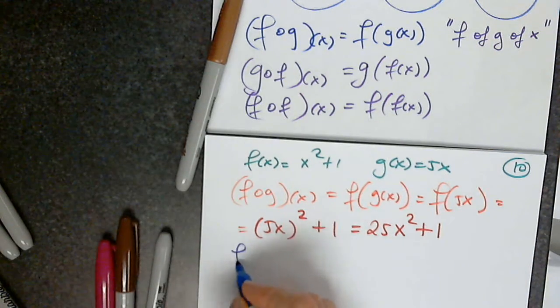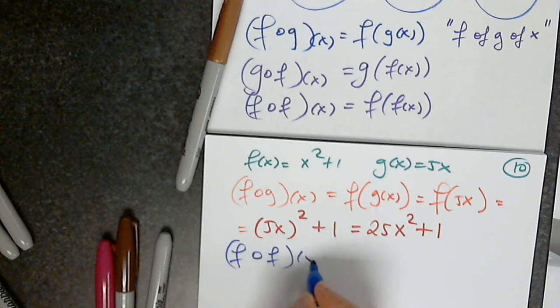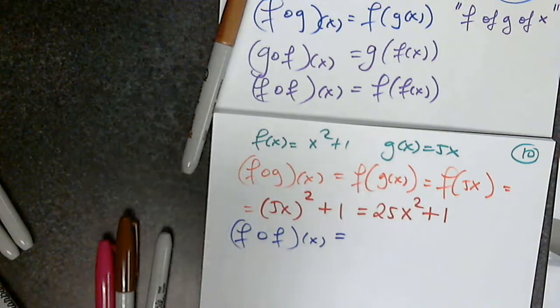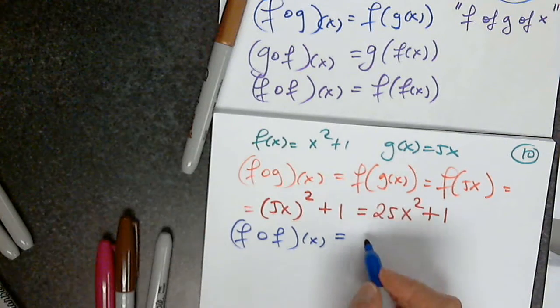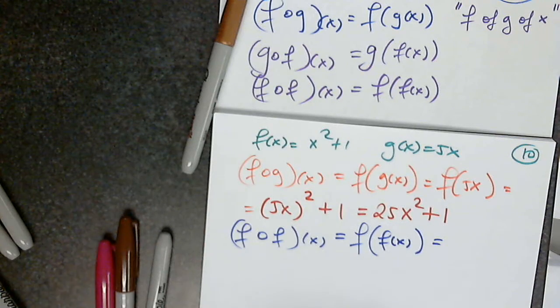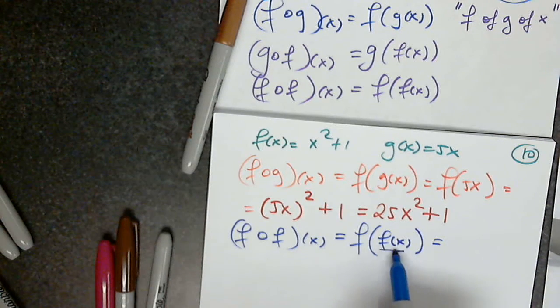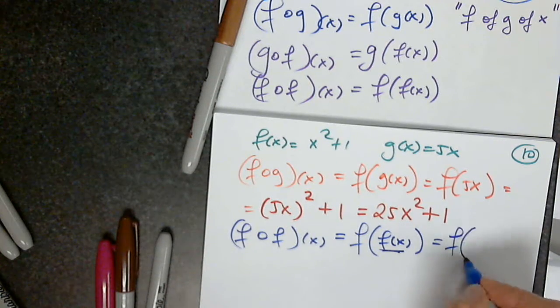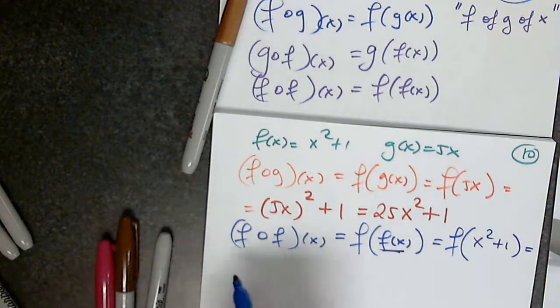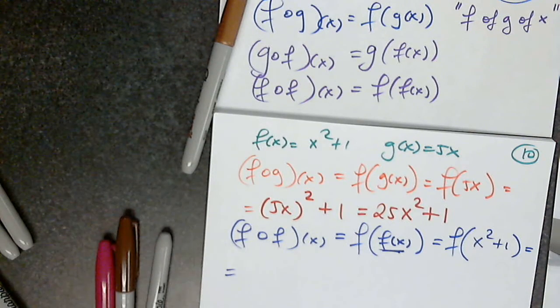Now let's look at f comp f of x. First the definition, please. What do I write? F of f of x. Now careful. I plug in here. I replace f of x by what? Very good. Now I go back to f. Again, f says whatever squared and then plus 1.